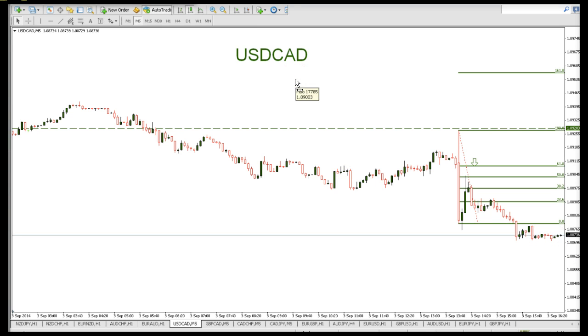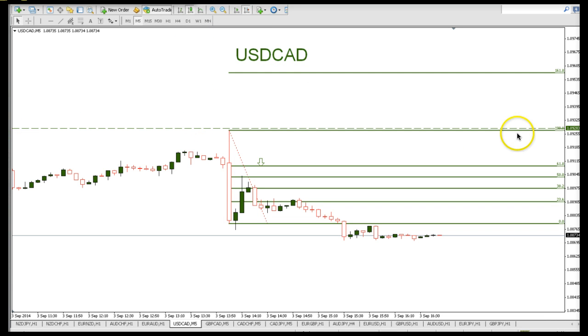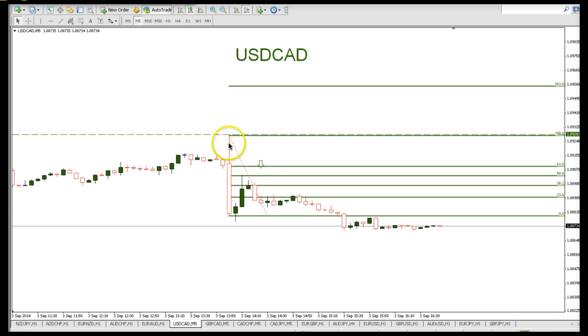So that's it. If you have any questions, just email me. If you need any more clarifications, this is how to trade a news event. That first 5-minute candle will give you a clue as to the overall direction. And the market spiked down 50 pips, and you don't want to take a trade.